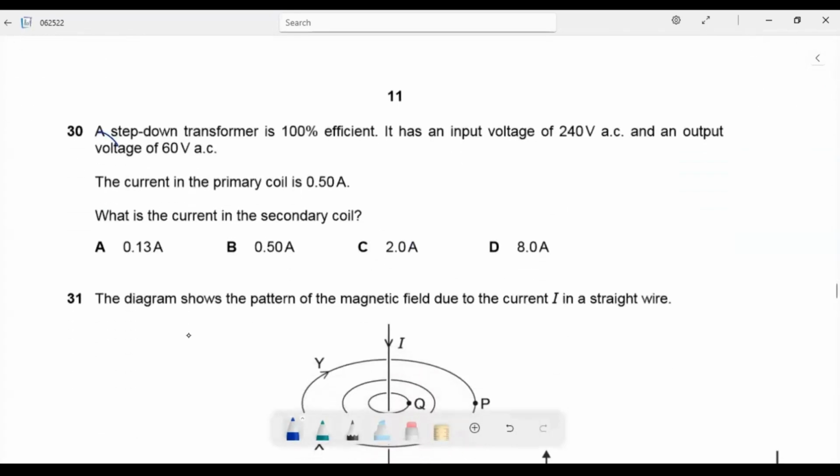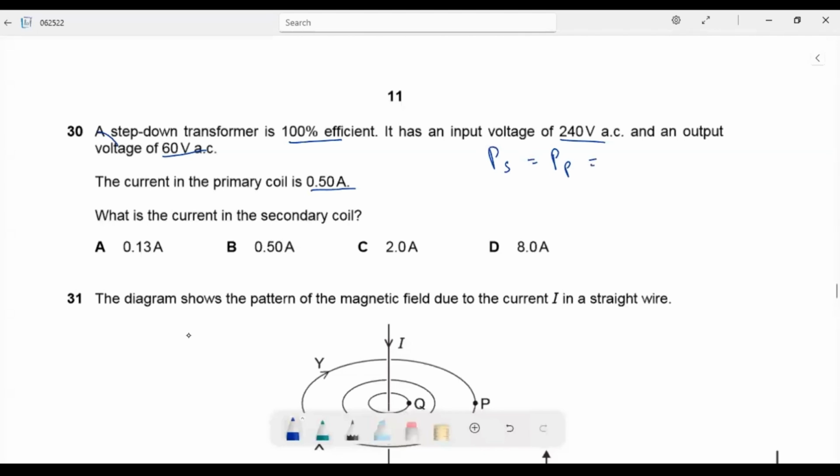A step-down transformer is 100% efficient. It has an input voltage of 240 volt AC and an output voltage of 60 volt AC. The current in the primary coil is 0.5 amps. What is the current in the secondary coil? So 100% efficient means the power in the secondary will be equal to power in the primary.